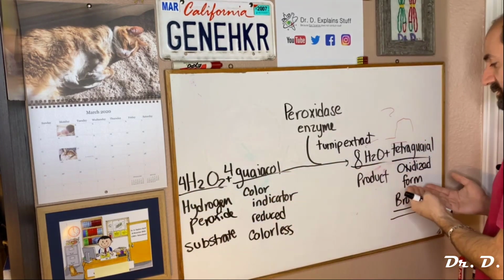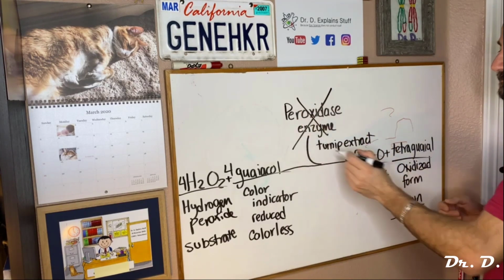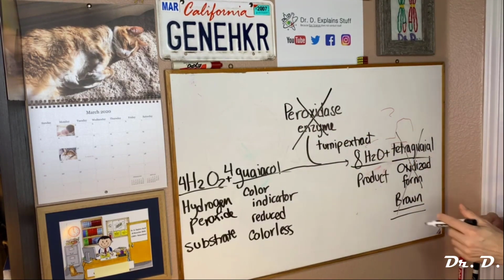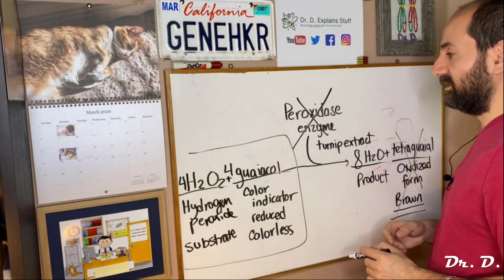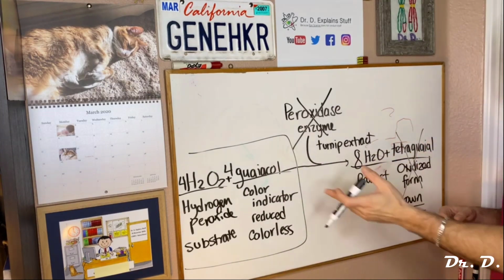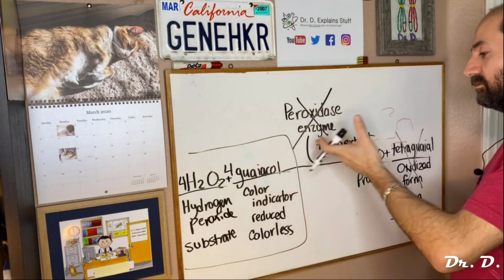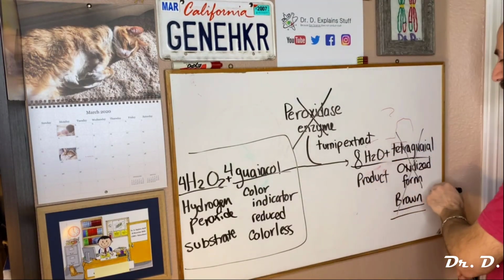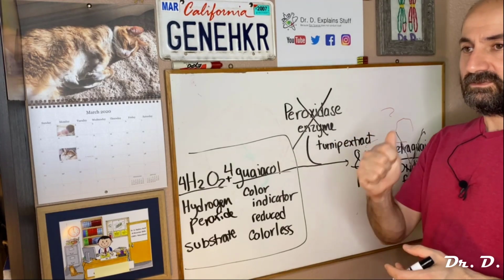Is there any reason for the products to form if the enzyme is not working? No. So you won't have any brown color. If the enzyme is not working, everything stays clear. Okay? If the enzyme's working fast, brown color appears fast. If it's working slower, brown color appears slower. If it's not working at all, there will be no brown color at all. Okay, that is what they mean by the enzyme reaction rate.